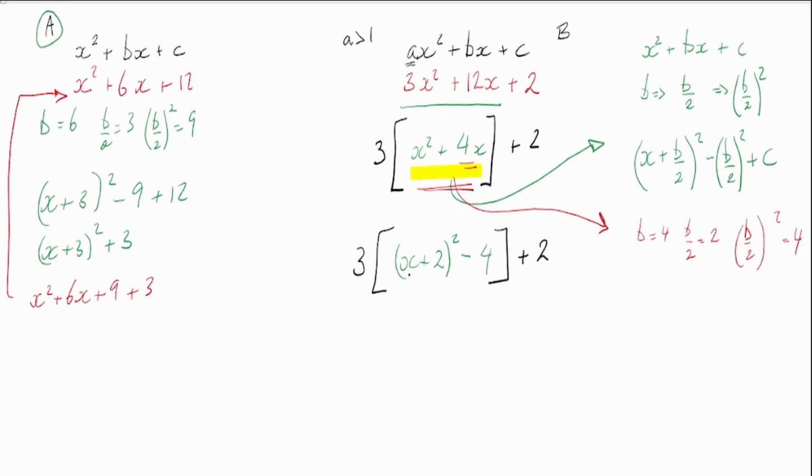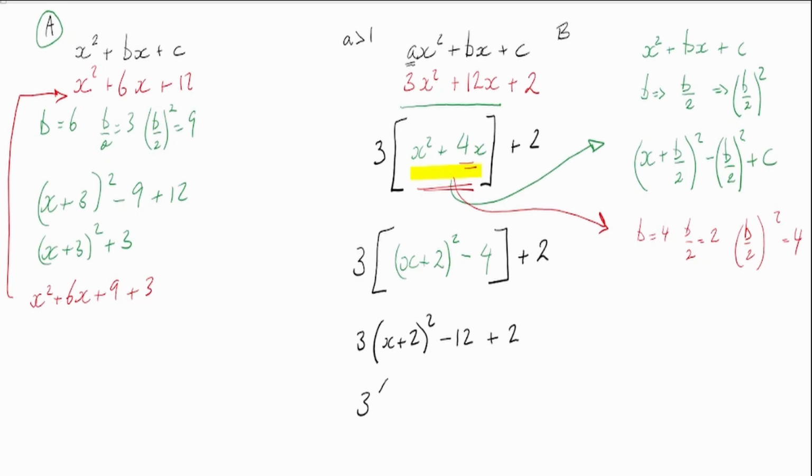Now all I'm going to do is tidy up these brackets. We are essentially done. So I'm going to do 3 multiplied by x plus 2 squared. Importantly, 3 times the minus 4 is minus 12. That's that bracket expansion done, and now it's just the plus 2 at the end.